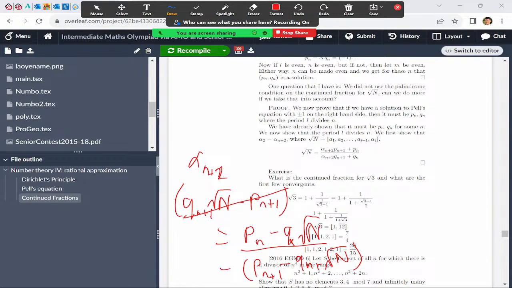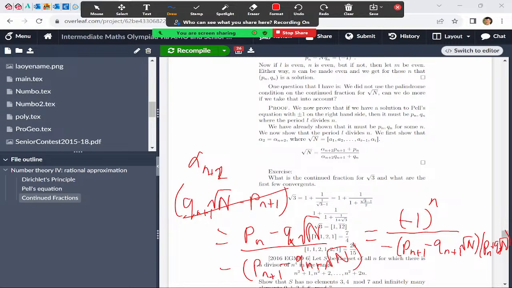So what is that? It's plus or minus 1 to the n, let's say, over minus pn plus 1 minus qn plus 1 root n times pn plus qn root n, yeah?